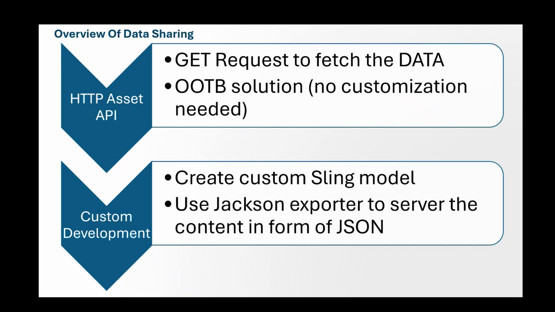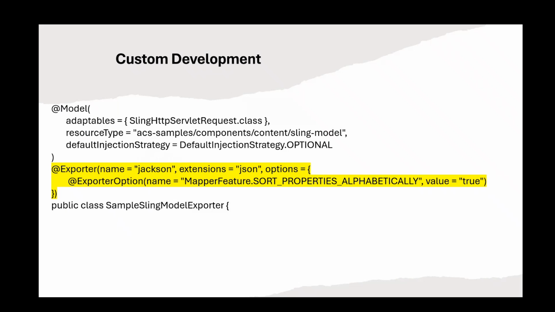In terms of using custom development, for example, this is just a code snippet for your reference. Whatever models you are having, after that, you can use the exporter annotations. Jackson is one of the exporter APIs which helps us share the content in the form of JSON.